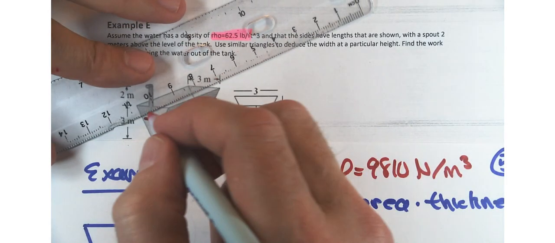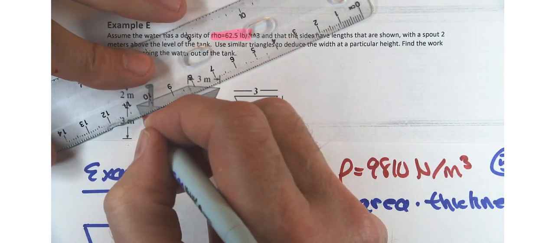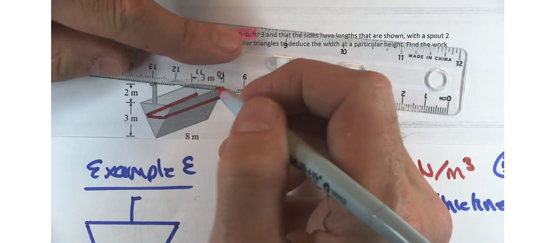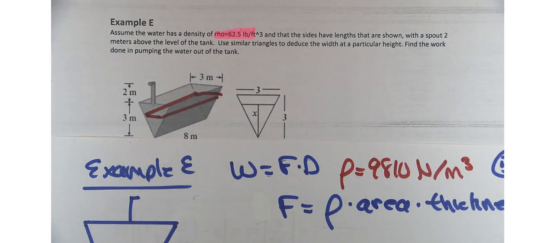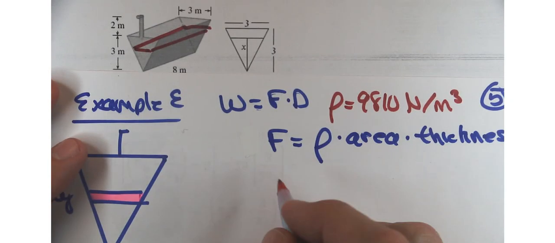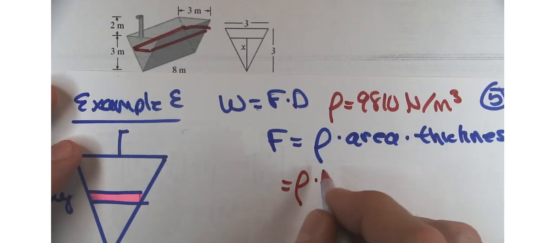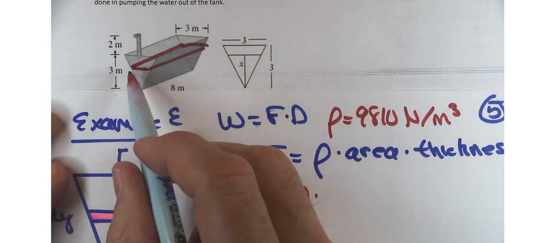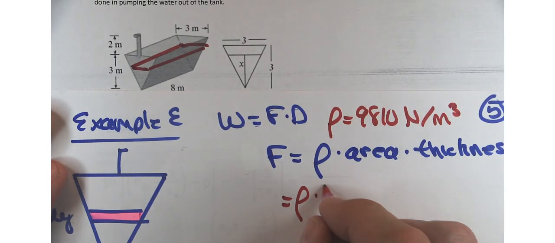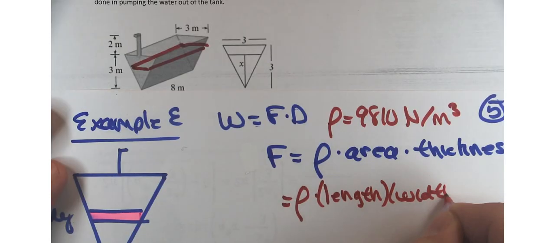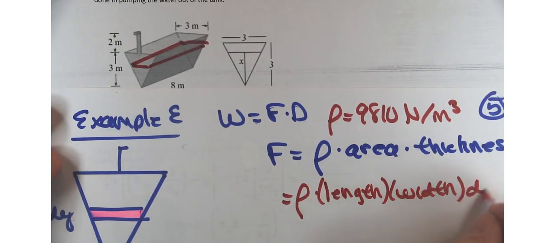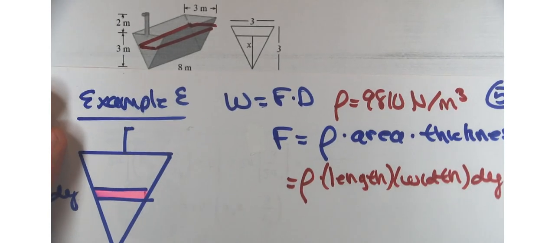What's a cross section of this tank going to look like in terms of its area? Yeah, it's going to be a rectangle. So the area of one rectangle is something that I hope and trust that you know. Area is just going to be the length times the width. Length times the width times the thickness, which we already know is dy.